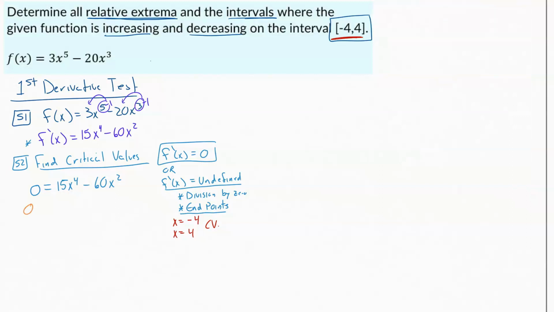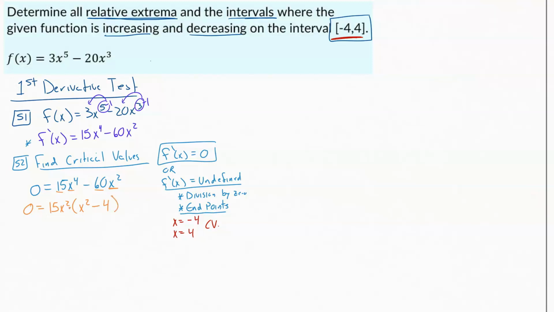And that's what you're going to need to do here. So we're going to look for what we can pull out. I can pull a 15 out of both of those pieces, and I can pull an x squared out of both. So I can pull a 15x squared out of everybody. That'll leave me with x squared up in the front, and then 15 out of 60 would be a 4. And then I pulled all of that x squared to the front, so that x squared is gone.